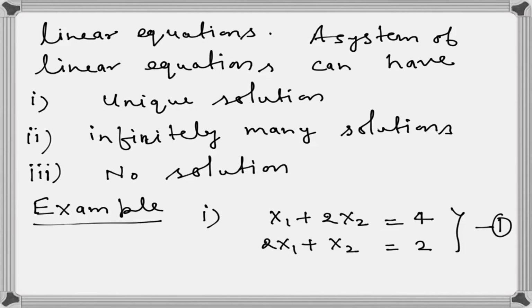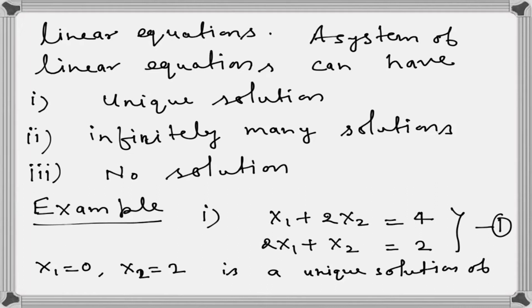So it is easy to see that x1 equals 0 and x2 equals 2 is the unique solution of (1). All right, so let's see another example.